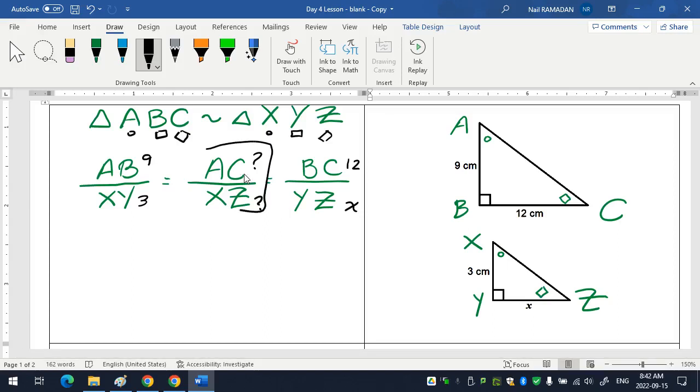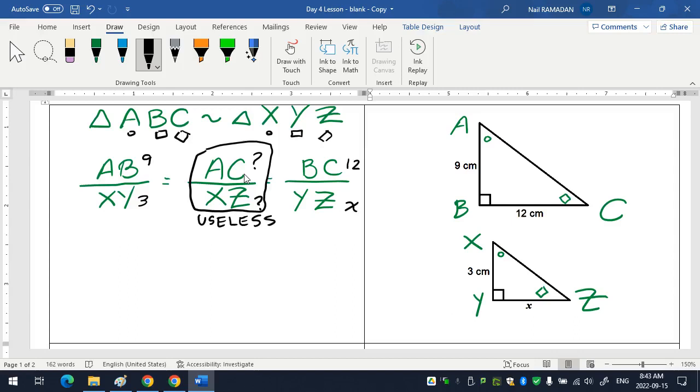Just circle it and just say useless. So what two fractions remain to be paired up? Yes, Manel? Yeah, this one and this one. Perfect. So now I'm going to write them down, but instead of writing the symbols, I'm going to write the numbers. You see, it's a procedure that never changes.